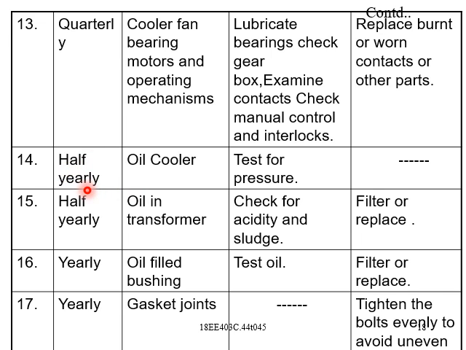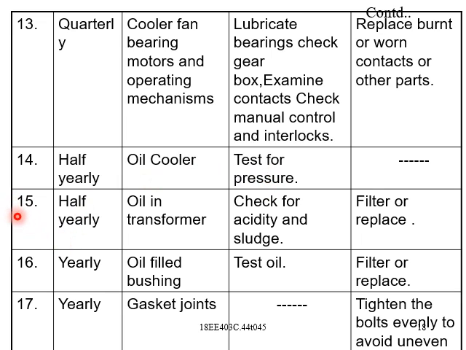The inspection frequency is half yearly, and the item to be inspected is the oil cooler, that is forced oil forced. We need to test for pressure, what kind of pressure is built up in the oil cooler.